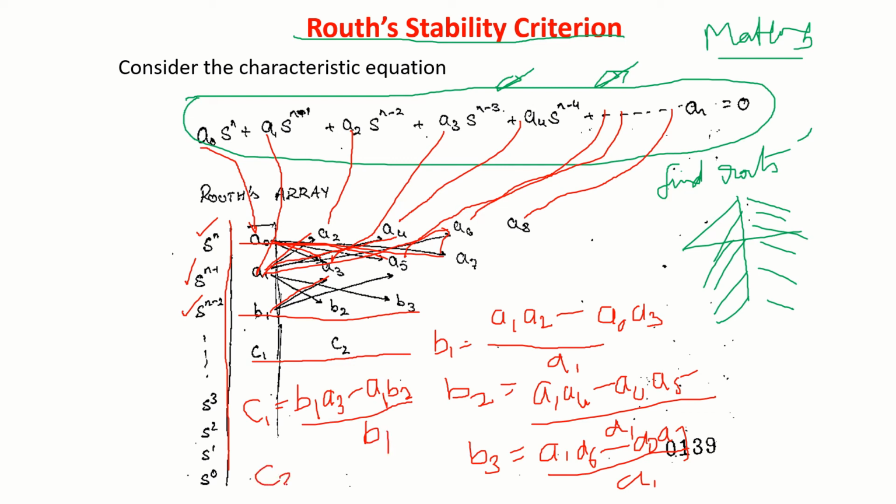Okay, C2 is equal to B1, A5 minus A1, B3 by B1. So like that, all these row elements you complete.